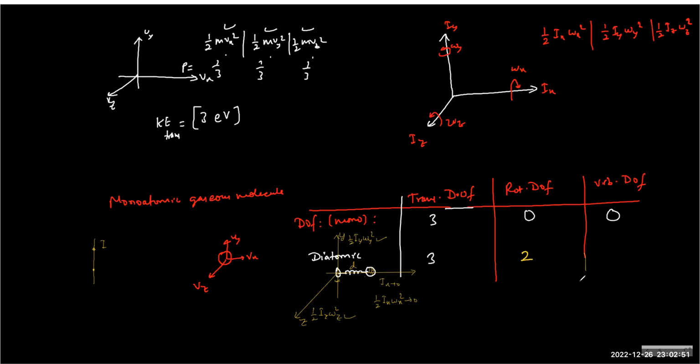Now the question is, what is the maximum number of degrees of freedom any molecule can have? What is the worst case scenario? There are 3 translational and 3 rotational, and no more vibration. Sir, vibration will also be there.